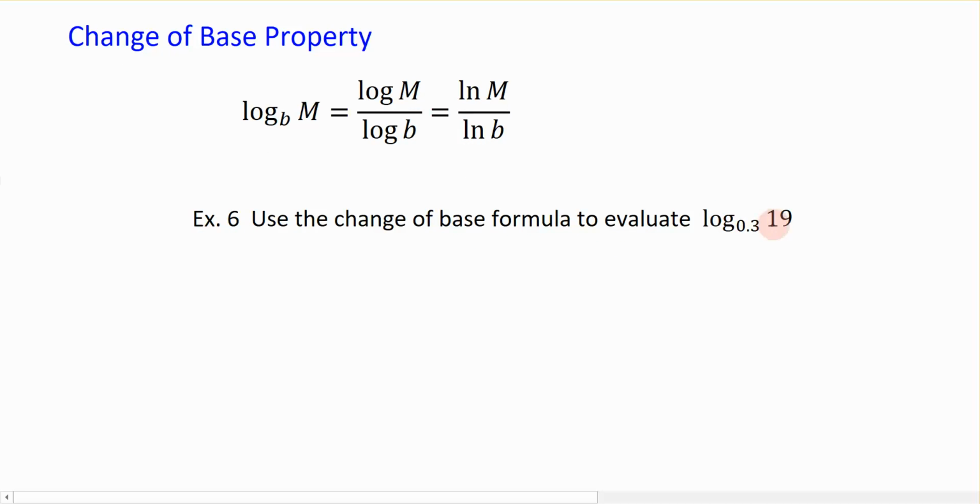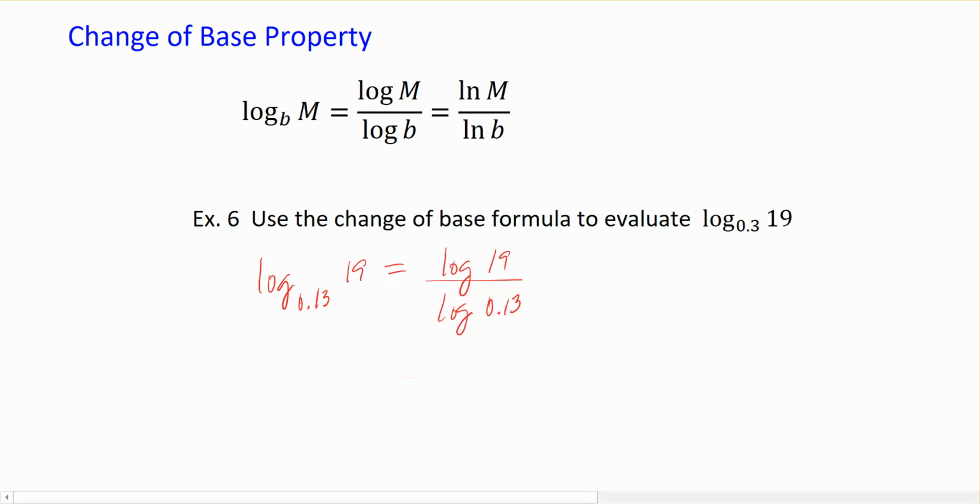So if I have this example, log base 0.3 of 19, that's what I want to evaluate, and I'm going to use my calculator to find it. And in my calculator, I'm going to take the log of the argument and divide it by the log of the base.